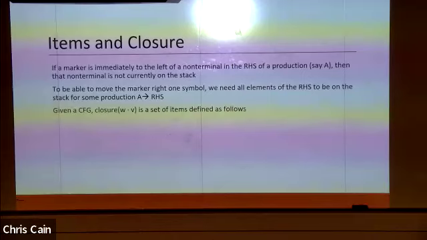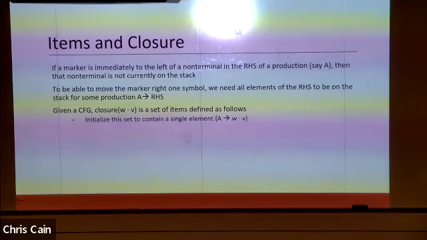All right. So closure is an operation. It's a method, it's a function, whatever you want to call it. So we have a context-free grammar. That closure says we're going to initialize the set. So it's just a set.